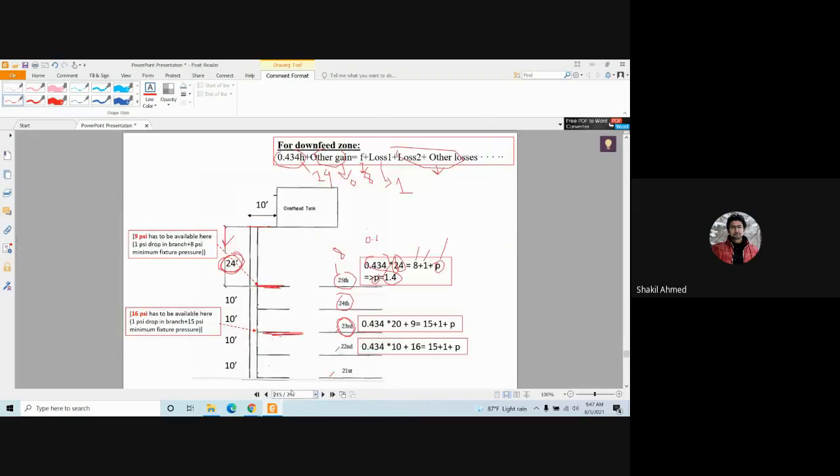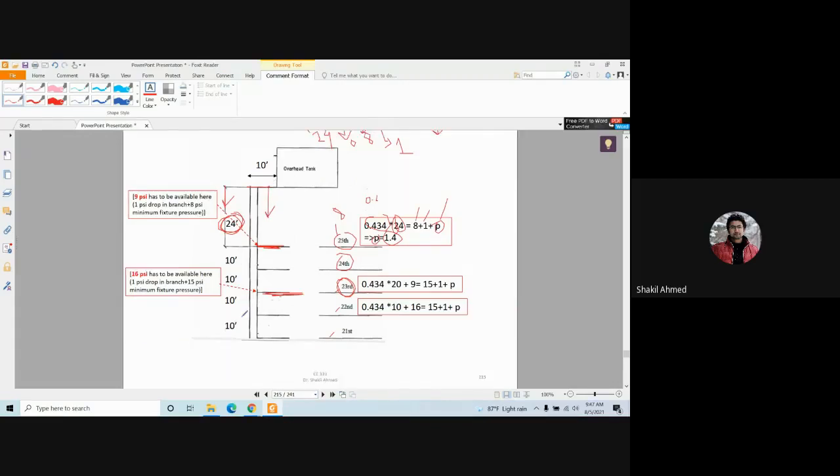Another thing to notice here is that the water is flowing from up to downward. So the fixture unit at this pipe is the accumulation of the fixture units of all the bottom floors of zone 3, right?